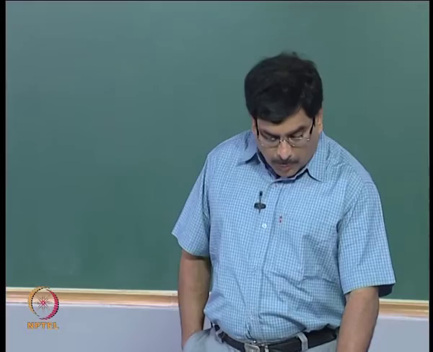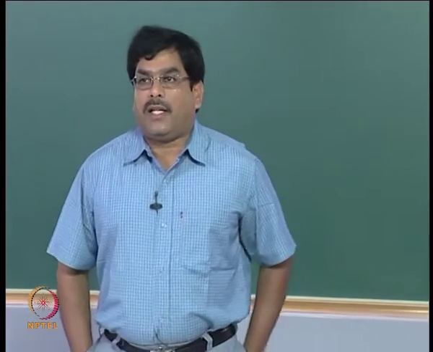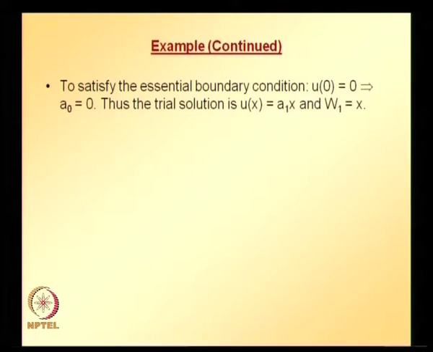The essential boundary condition given here is u evaluated at x equal to 0 is 0. If you substitute that condition, it results in a0 equal to 0, so the trial solution becomes u is equal to a1x. There is only one unknown coefficient to be determined, and for Galerkin method the weight function is the partial derivative of u with respect to the unknown coefficient, so it turns out that the weight function is equal to x.